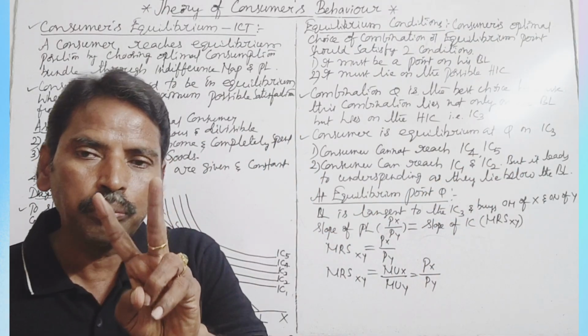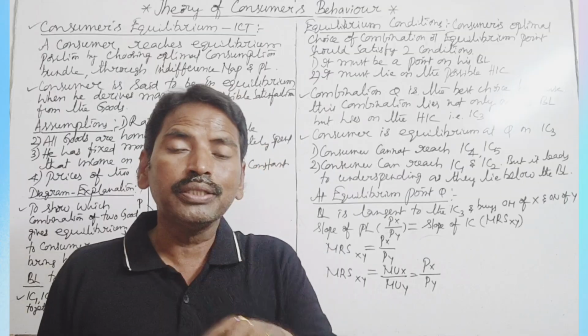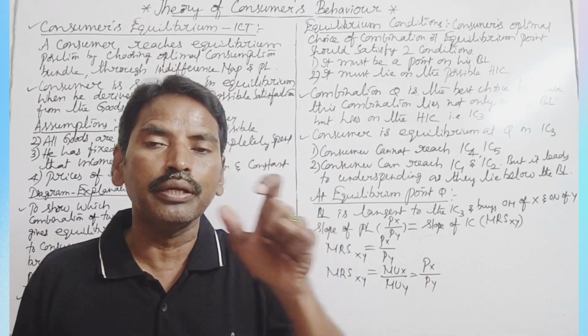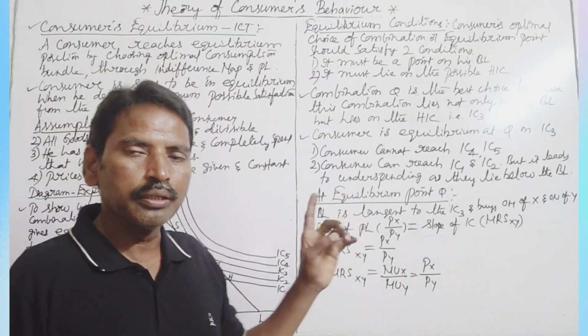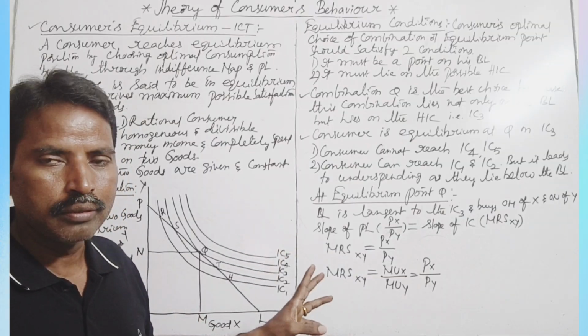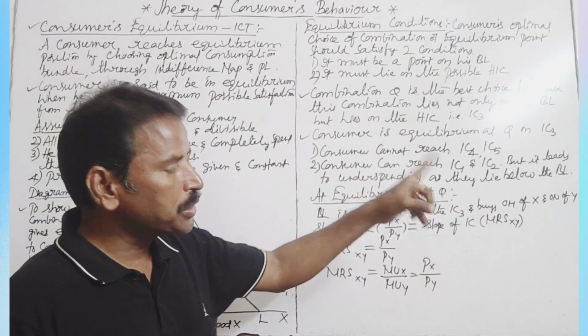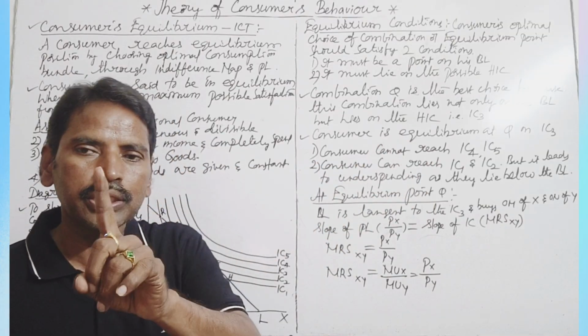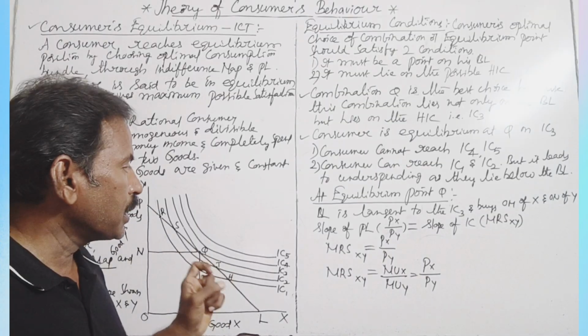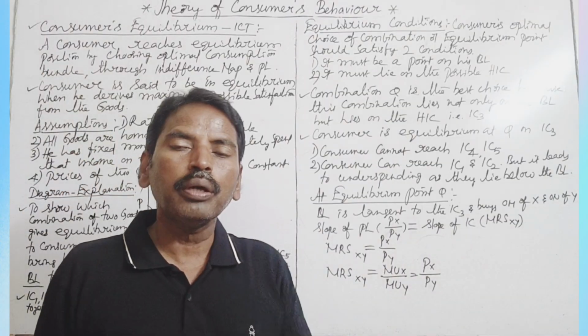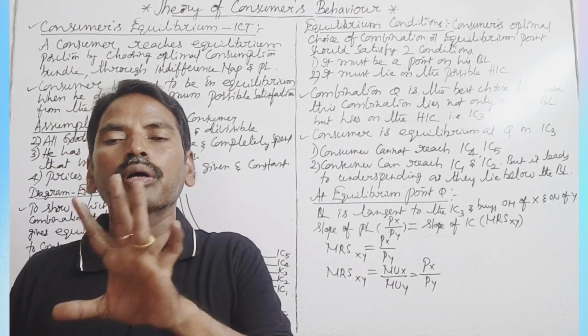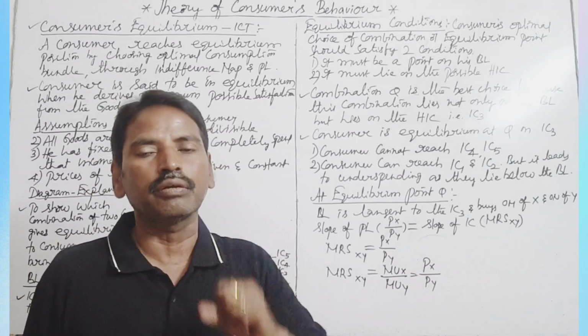What are the two important conditions? Price line must be tangent to the indifference curve. So here PL is the price line that is tangent to the IC3 at point Q. First condition satisfied. Second condition, at Q, slope of price line is equal to slope of indifference curve. Both are equal.